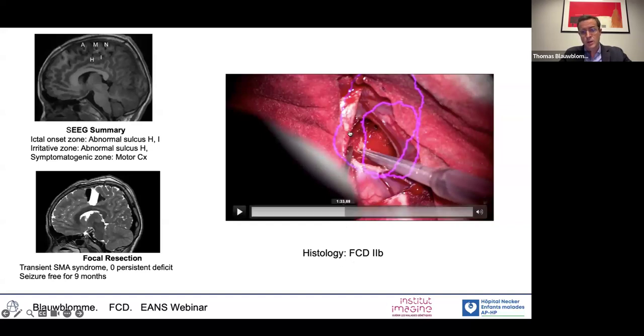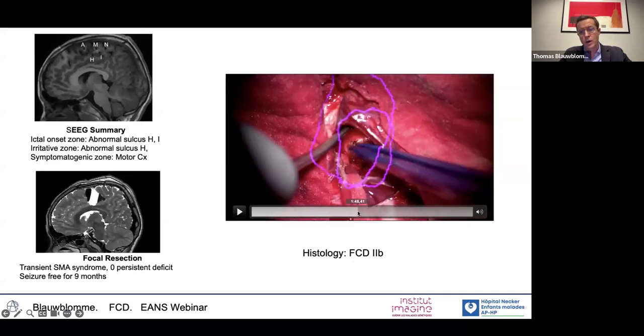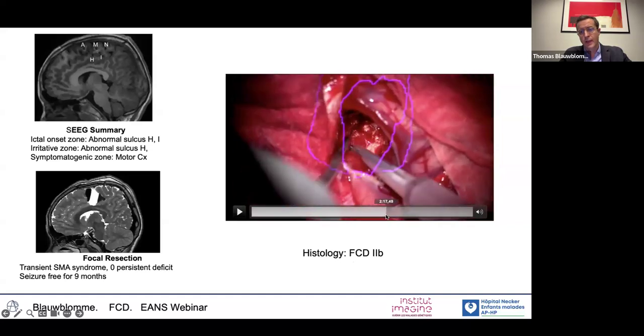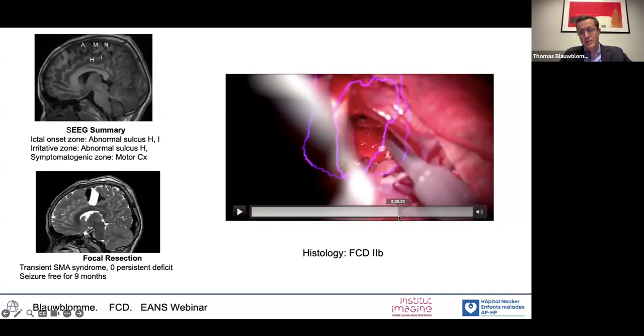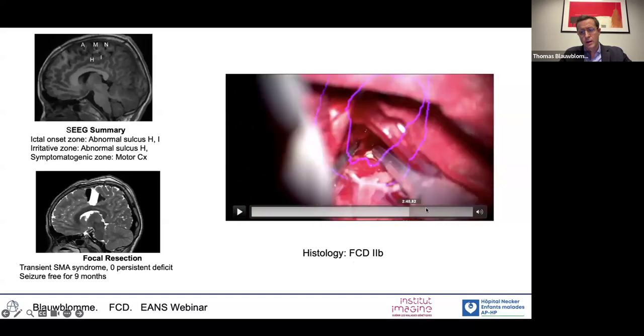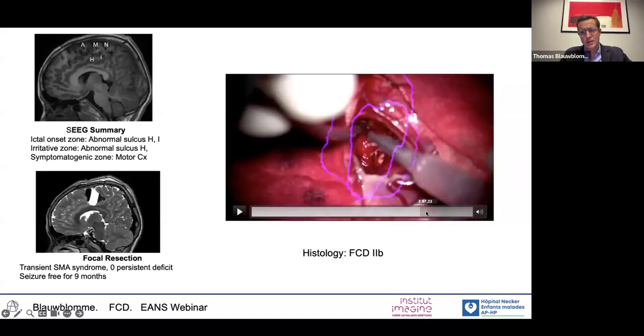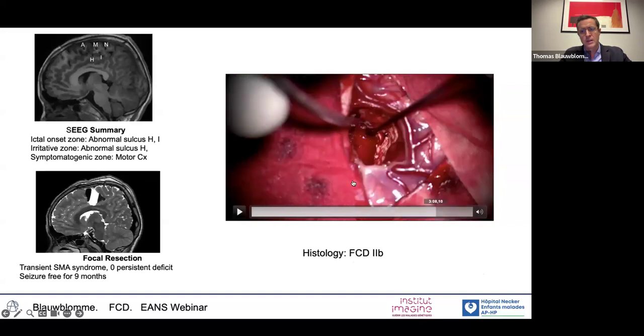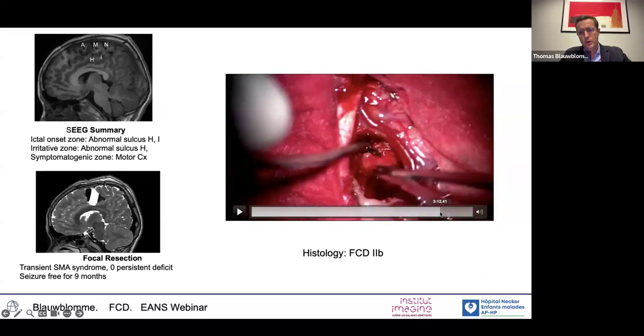So this is the midline that was exposed, the premotor area, and you will try to achieve resection until the sulci limits, and to try to find this very particular area for FCD type 2B, which is very firm, an orange tissue inside the FCD. So in this case, it was not possible to do en bloc resection. We had to use the CUSA and do piecemeal resection.